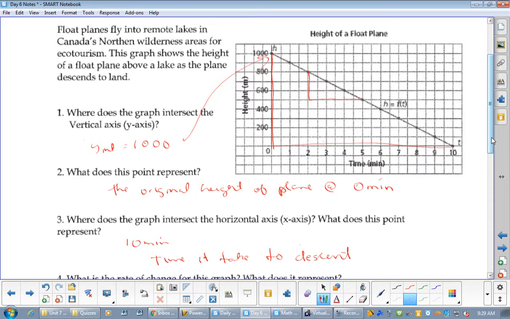Negative 3. No. Why would you say negative 3? Look at your side. Negative 300, right? Gotta look at your units. What's the run? Come on. We're going from 2 to 5, correct?